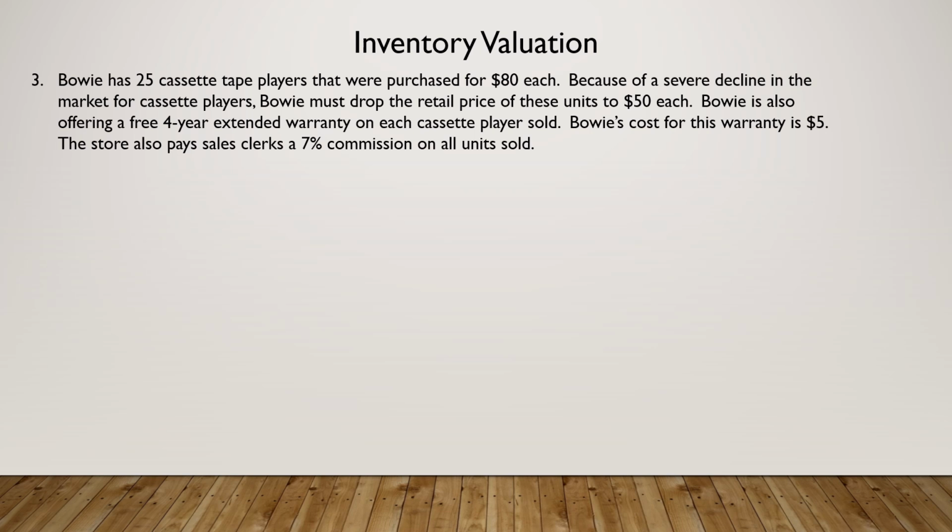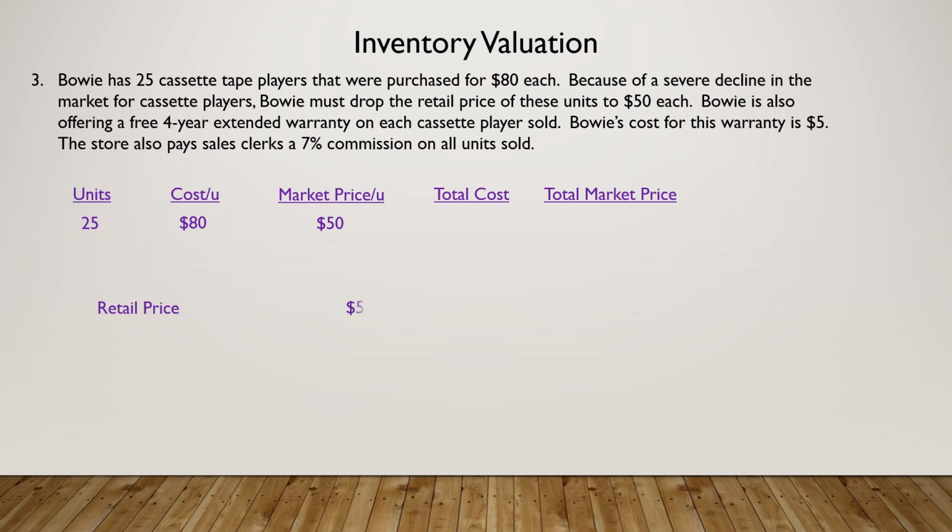Repeat the same setup as in the previous problems. Bowie has 25 cassette players at a unit cost of $80 and a market price of $50. Before we multiply out our totals, we need to adjust that market price for some additional costs. The cassette players have a retail price of $50. However, when Bowie sells such an item, that's not the net amount of revenue it earns.